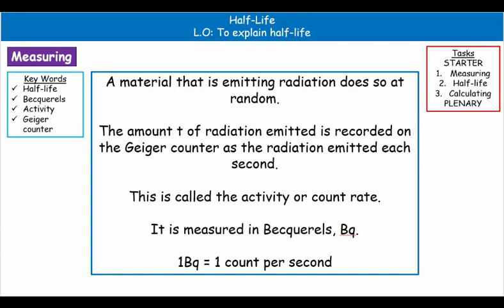And it's got a different unit, which is becquerels, which is given the symbol of a capital B lowercase q. So when we have 1 becquerel, what we have is 1 count per second. So I'm going to leave that up just for another minute and a half or so you've got a chance to write those points down for me.